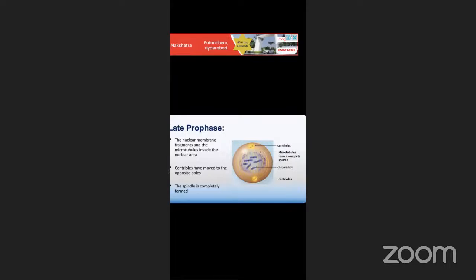Gradually, the chromosomes become thick and condensed and form two chromatids, which are joined together at the center. That we call the centromere, the center of the chromosome. During early prophase, the chromosomes are evenly distributed.